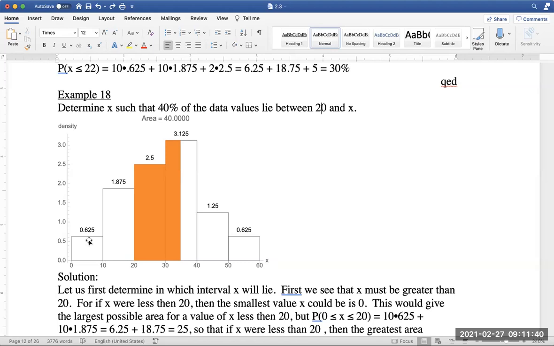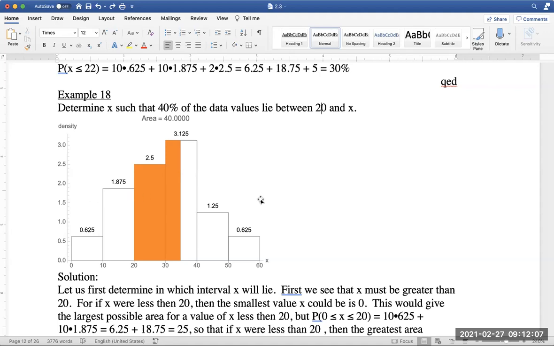Let's add up all the areas to the left: 10 times 0.625 is 6.25, plus 10 times 0.1875 is 18.75, so 25%. Only 25% of your data values are less than 20, so there's no way it can be 40%.